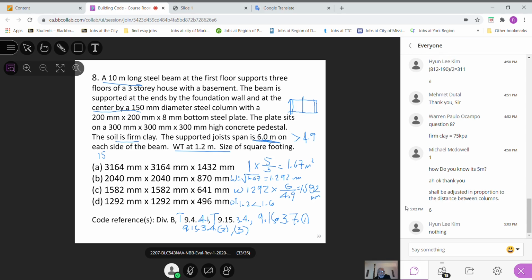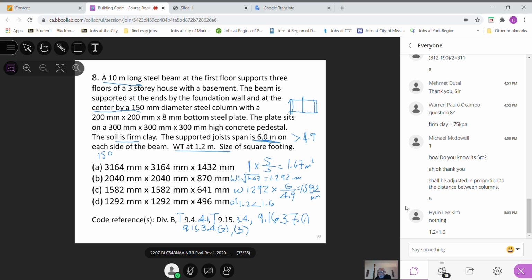Why don't we have to do anything else? 1.2 is less than 1.6.